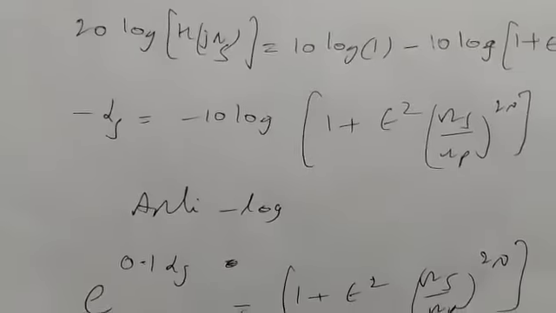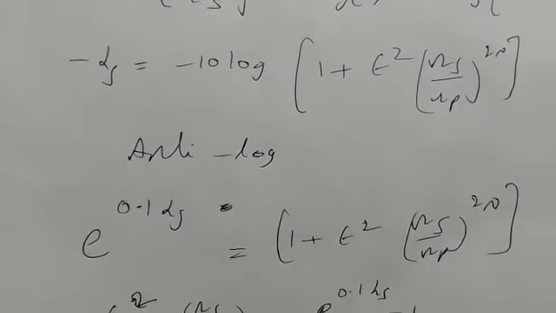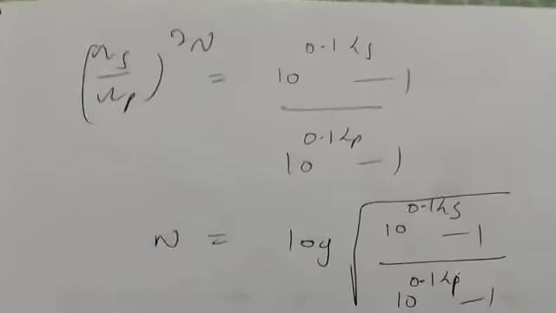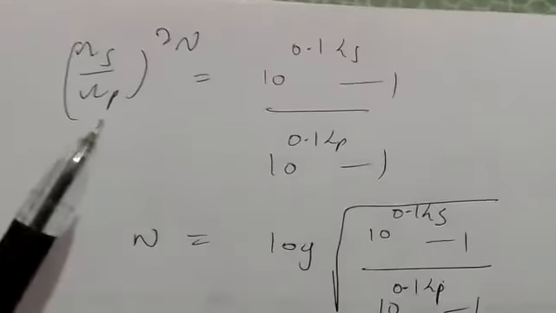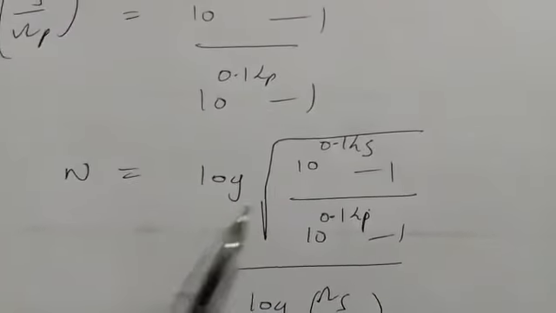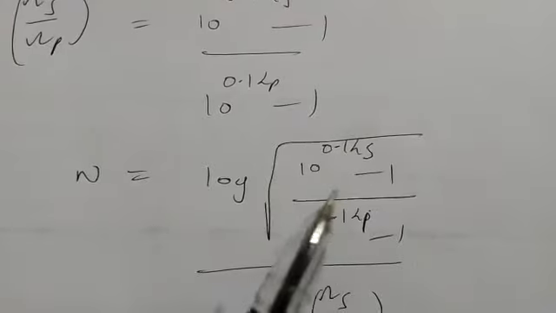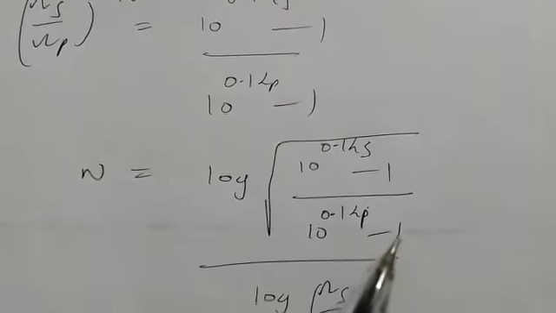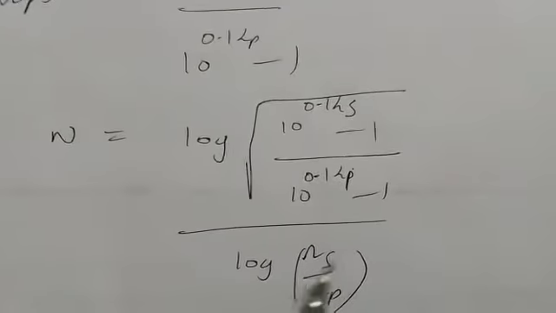All this we can observe very easily with simple mathematical methods. Finally, n is equal to log of 10 power 0.1 alpha s minus 1 divided by 10 power 0.1 alpha p minus 1, divided by log of omega s by omega p.